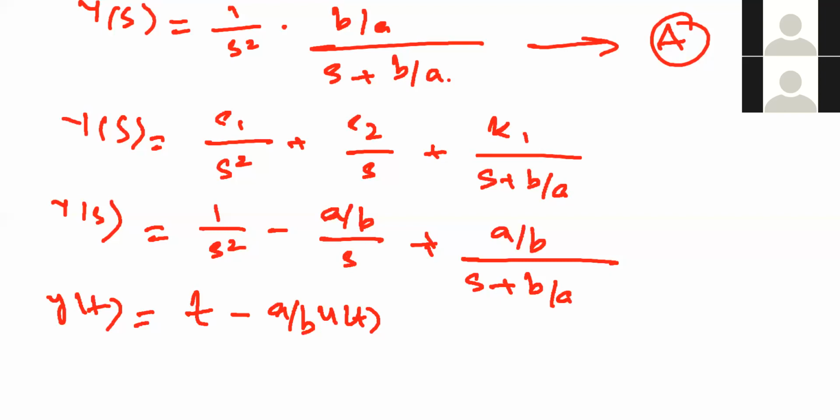Let me also correct this one. So this will be equal to t u(t), because if you multiply t with the unit step function it is again t, plus a by b is the magnitude, and then we have the exponential function e raised to the power minus b by a t, and then the unit step function.